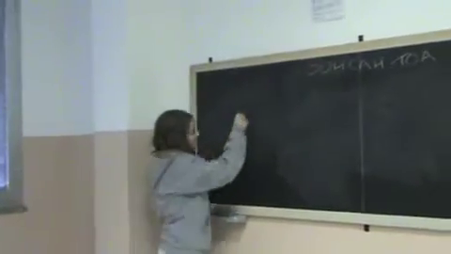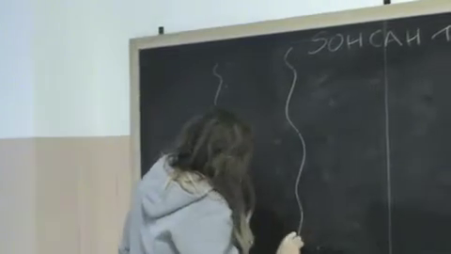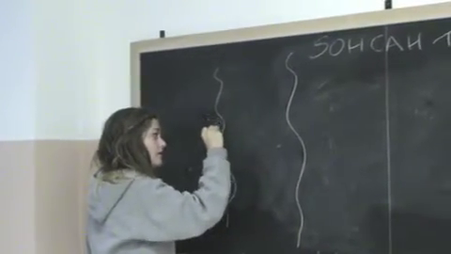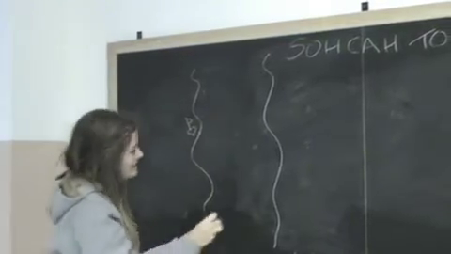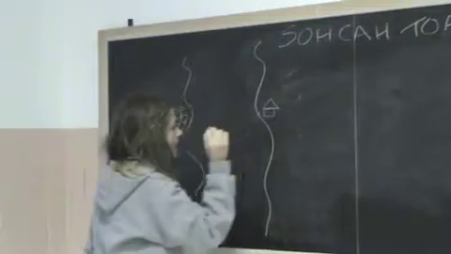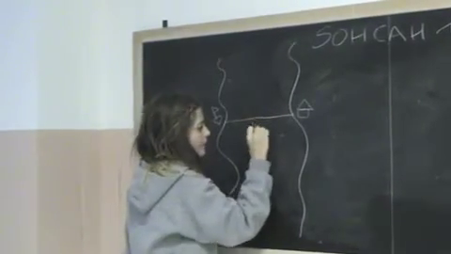Let's just say we have a river, and we have this little guy in a boat over here. And he wants to get to his house over here. And he knows that it's 10 kilometers across the river.